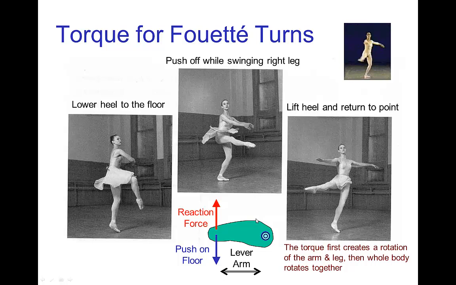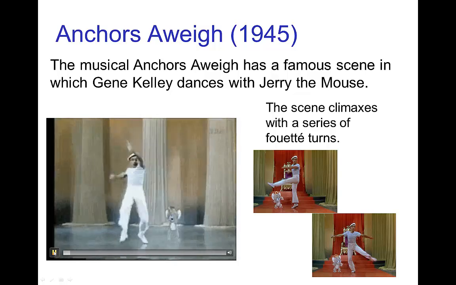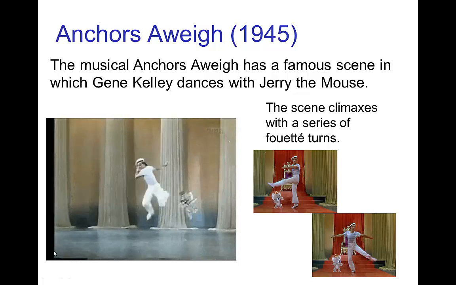There's automatically an action-reaction force which is produced with her heel, and that creates the torque of the rotation of the leg. And then once the leg is turning, she can go on point and just use the momentum to continue that rotation.